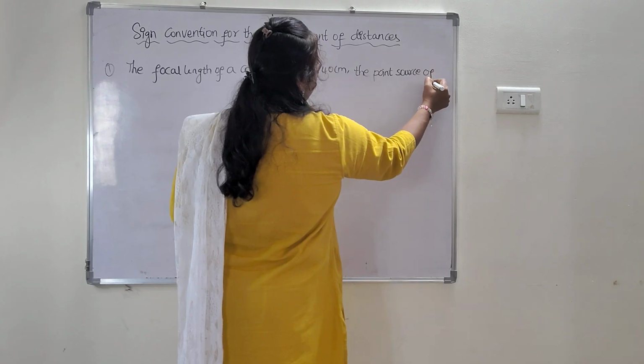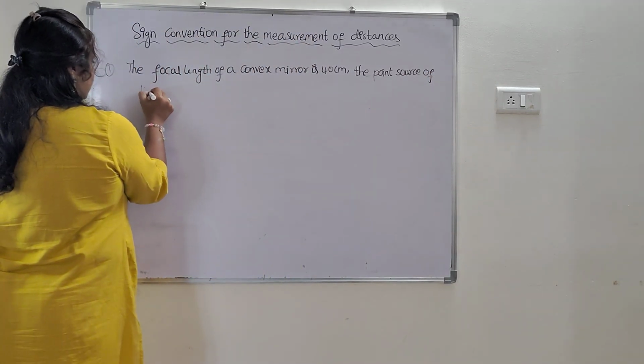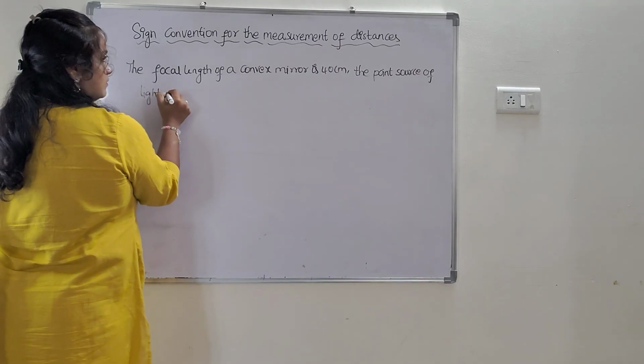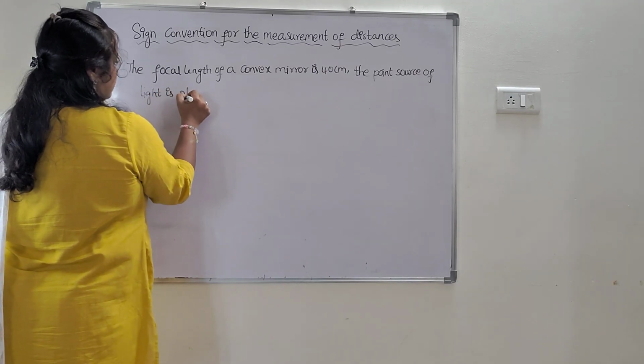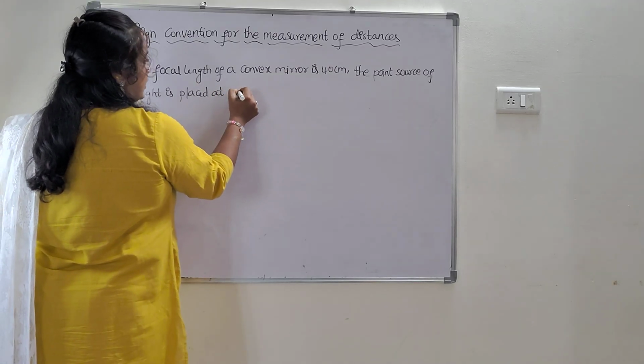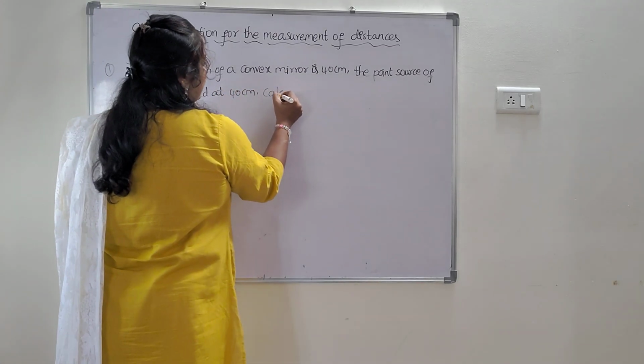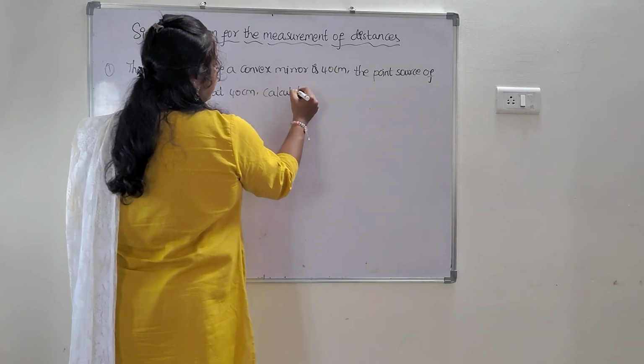The point source of light is placed at 40 centimeter. Calculate its image distance.